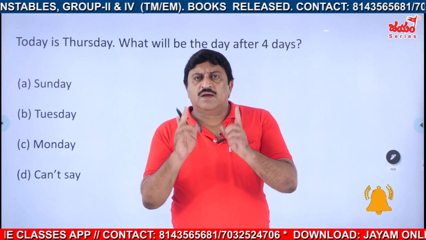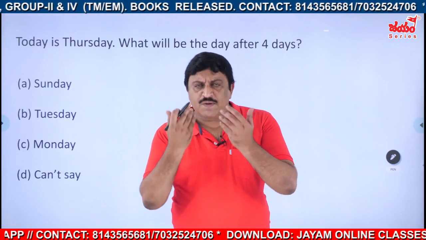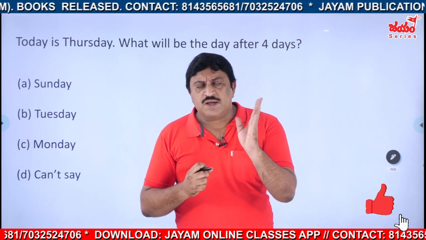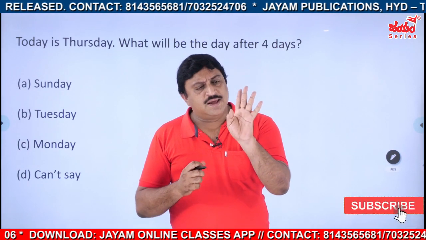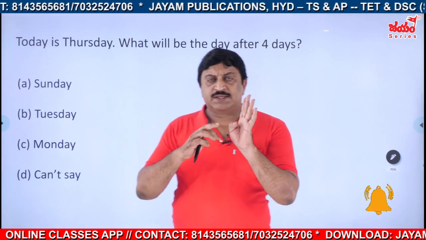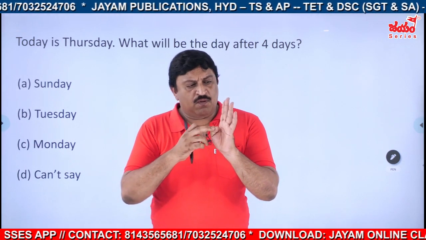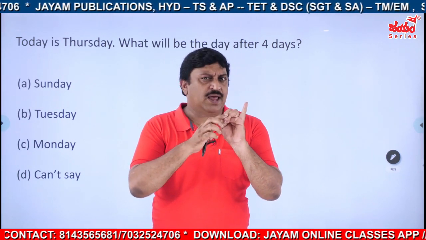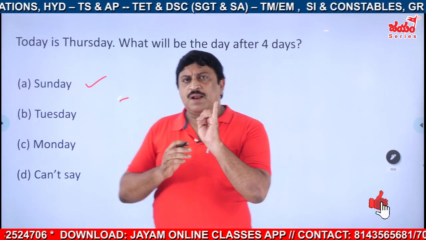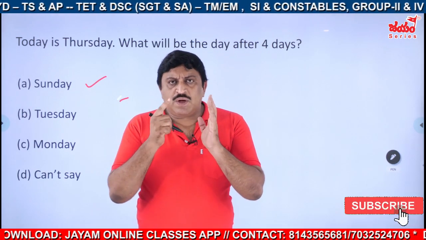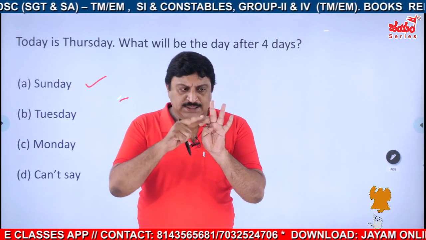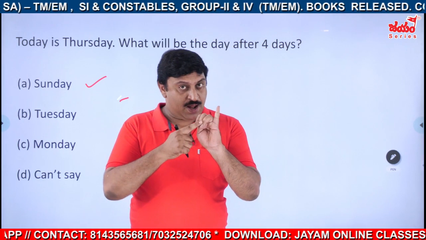Definitely, in your mind, there will be some calculation. Some people start with their fingers. Thursday, okay, that is 4 days, means today is Thursday, Friday, Saturday, Sunday. Some people will say Sunday. Some people say, okay, Thursday is over, so Friday, Saturday, Sunday, Monday.